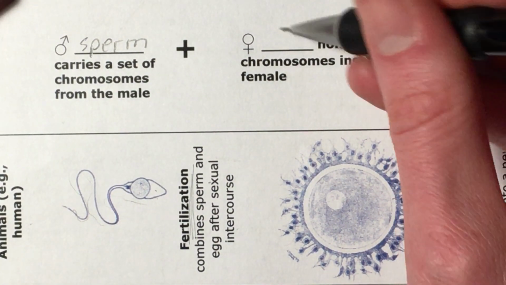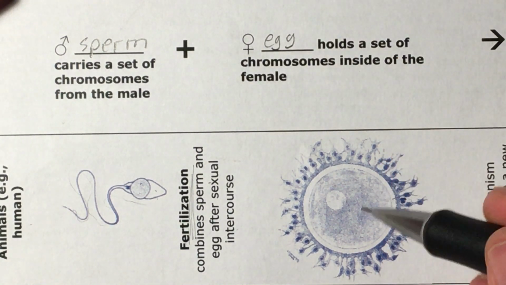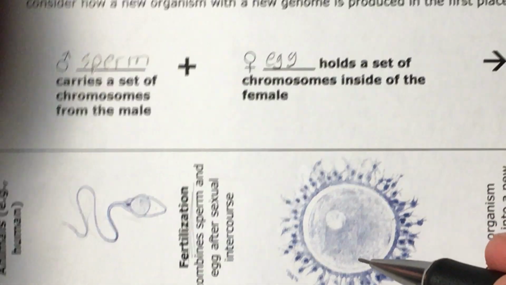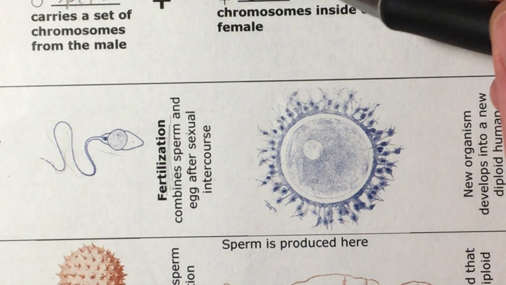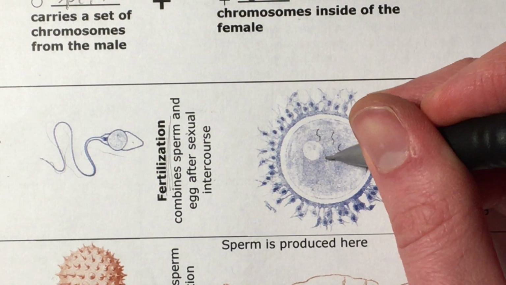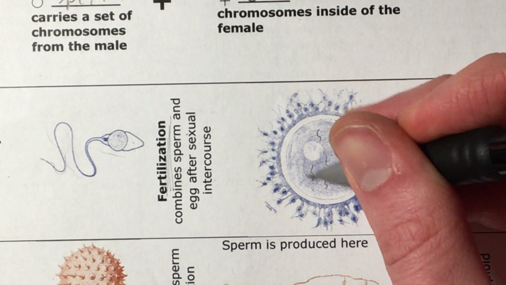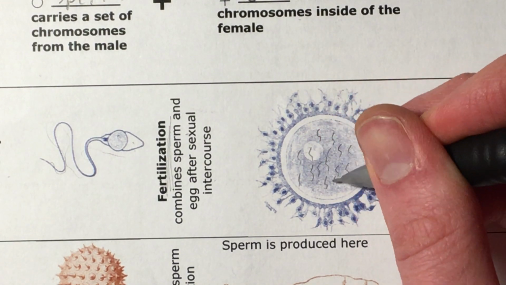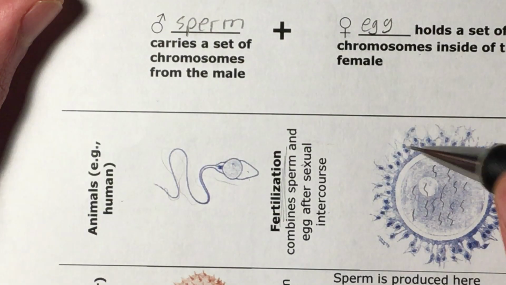So the female has an egg cell. Here's a human egg cell inside of a female, and it's going to hold a set of chromosomes. It has 23 of those chromosomes inside of it, okay? I didn't number that exactly as 23, that's fine.